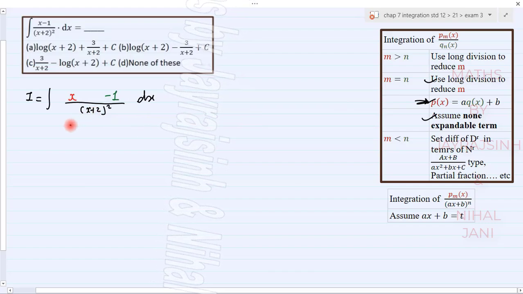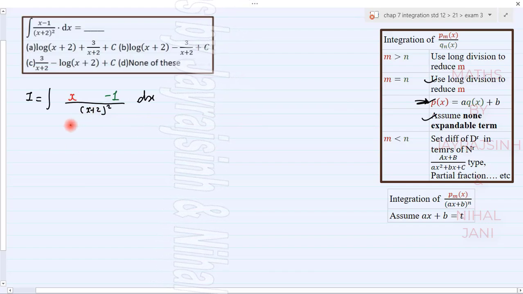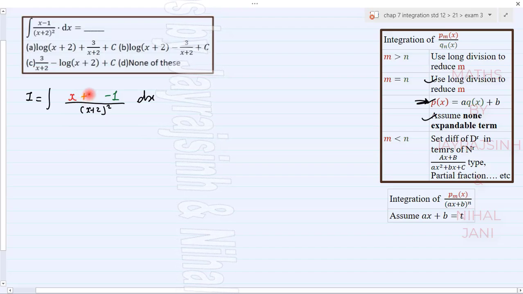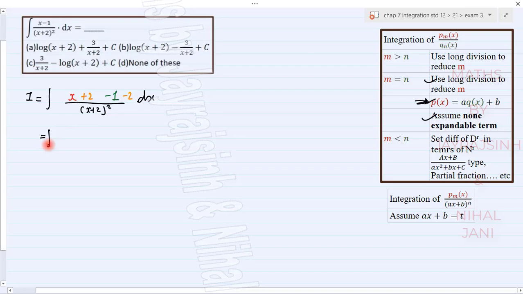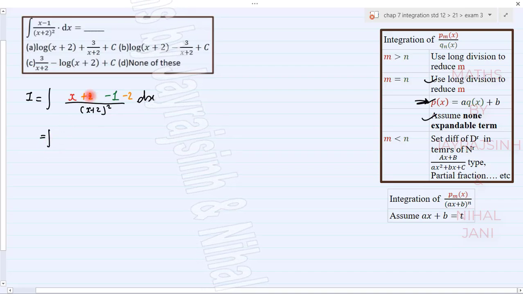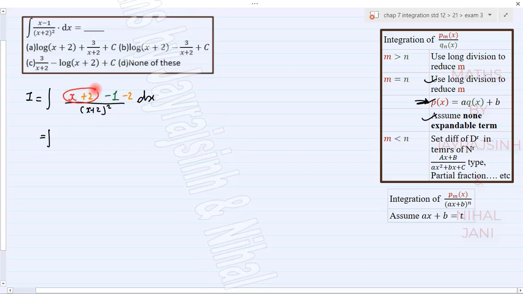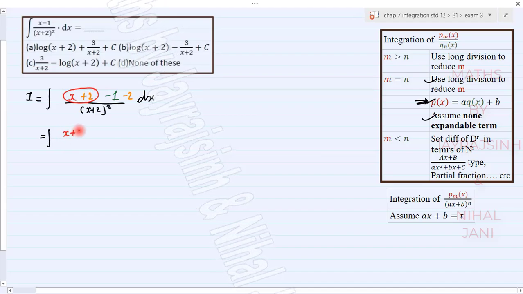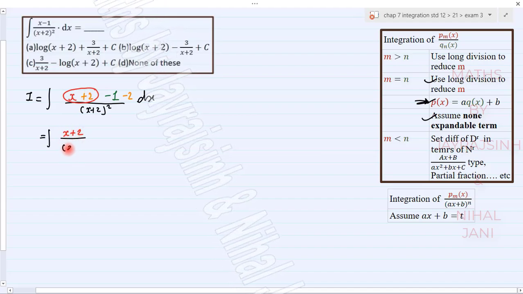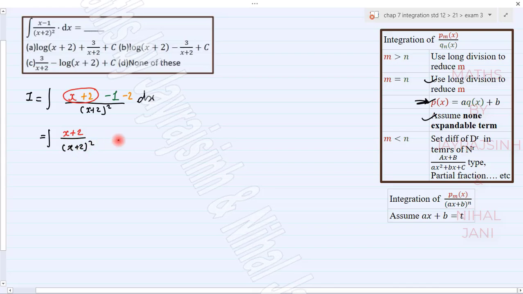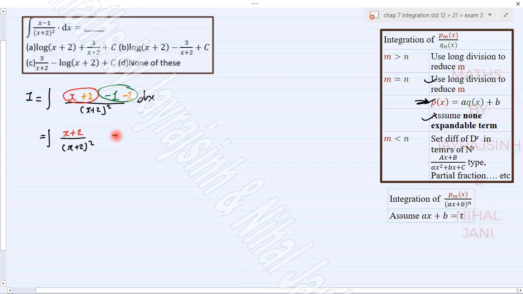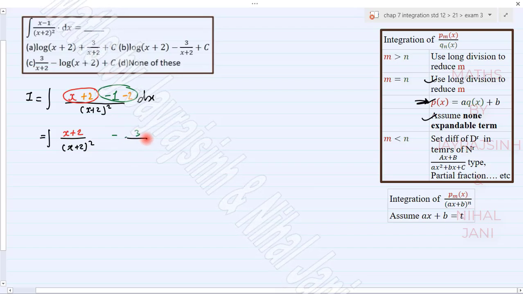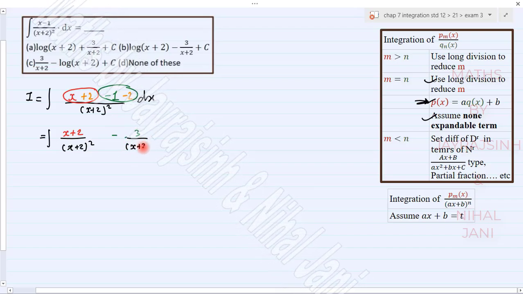Let's try to get x plus 2 within the numerator, and for that we have to add and remove 2. Now for further simplification, let's separate the terms. Let's consider x plus 2 as one term and give the individual denominator, and your second term is minus 1 minus 2, which will become minus 3 upon (x plus 2) the whole square.